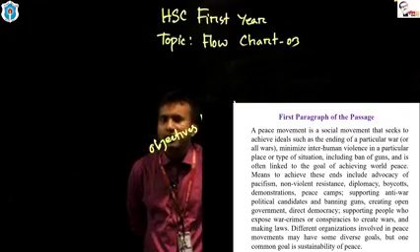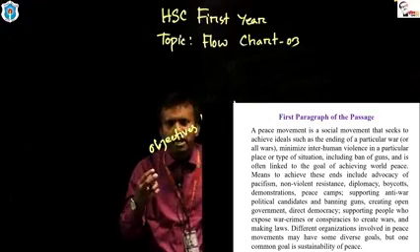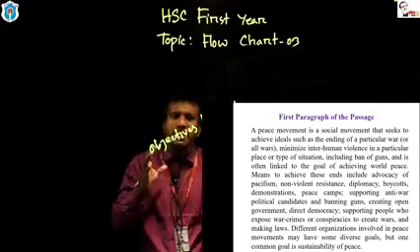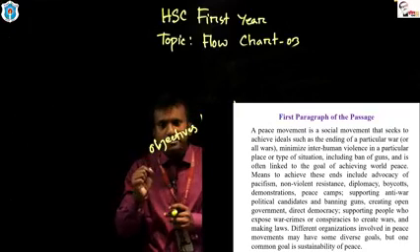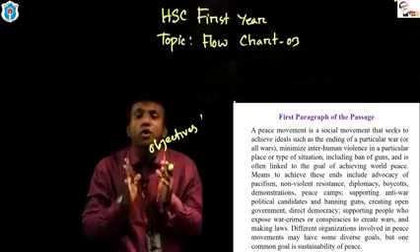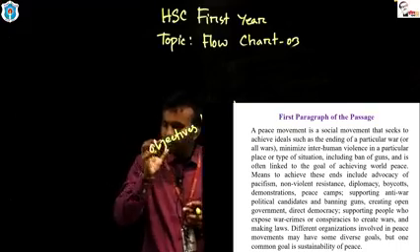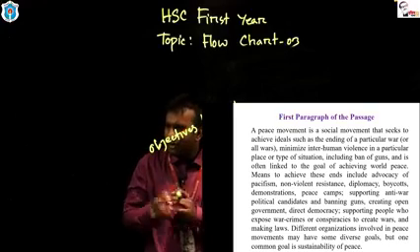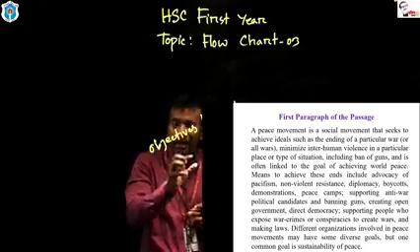Let us repeat the sentence. A peace movement. We are talking about a peace movement, and this peace movement is called a social movement that seeks. That means with peace movement we aim to achieve some goals. The first goal of this peace movement is the ending of a particular war. Social movement that seeks to achieve ideals.